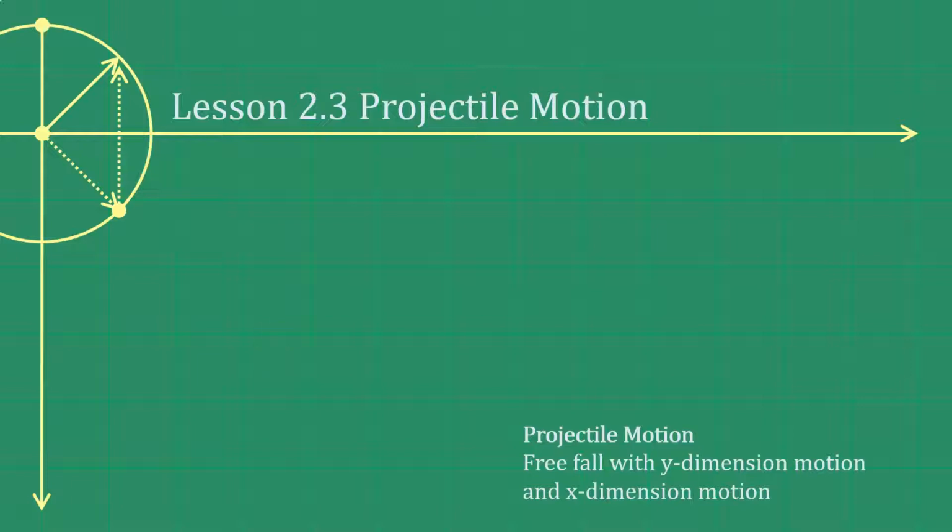It's important to note what's not included in this definition of projectile motion. Notice that air resistance is excluded. The only force is gravity. Free fall in the y dimension says the only force that's acting on the object is gravity, and air resistance is neglected.